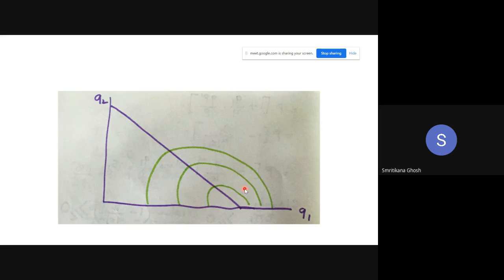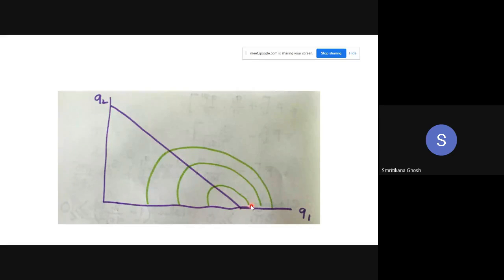The third property is, look, this is the isoprofit curve of firm 1, and the quantity of firm 1 is measured along the horizontal axis. The property is: the closer the isoprofit curve to the axis, the higher the level of profit.